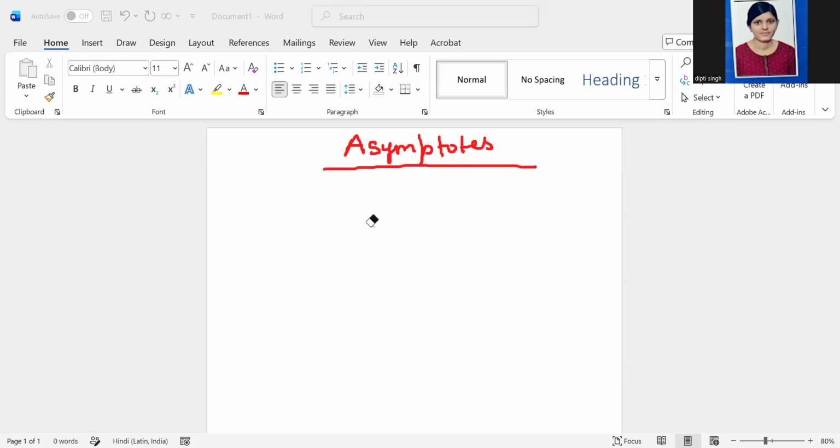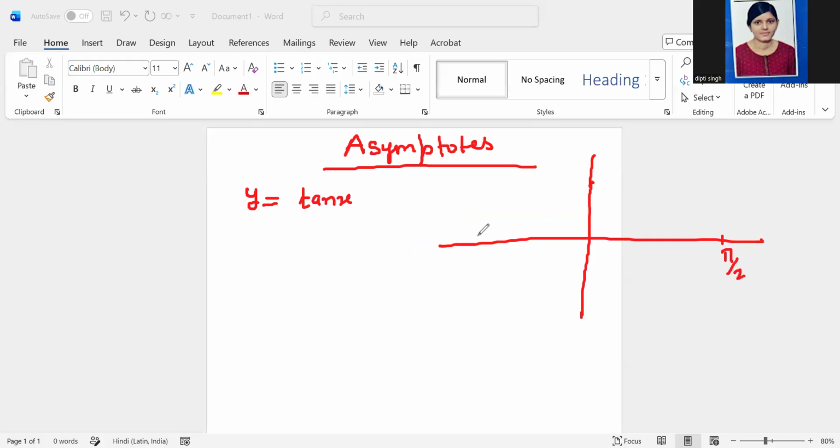touches it. For example, if we have a curve like y equal to tan x, okay? So if we see the graph for this, it is just like that. This is at pi by 2. This is at minus pi by 2. So this is a dotted line, and this is also a dotted line.